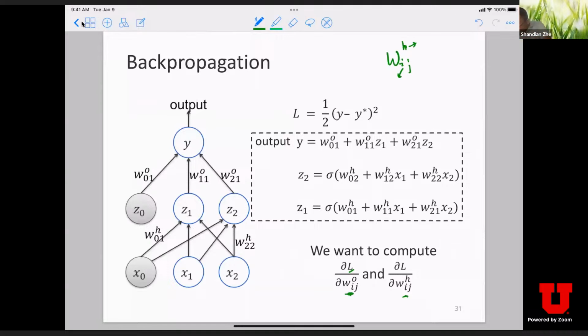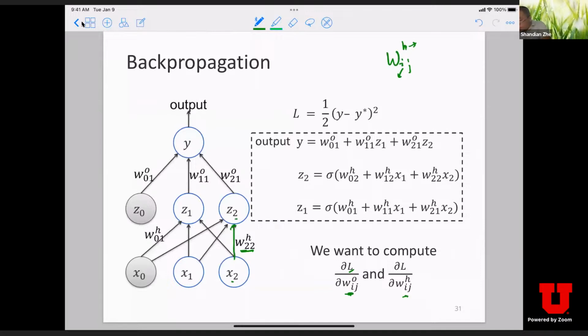For example, if you look at here, this is an edge pointing to the hidden layer, so the superscript is h, and the source node is x2, so the index of the source node is 2.